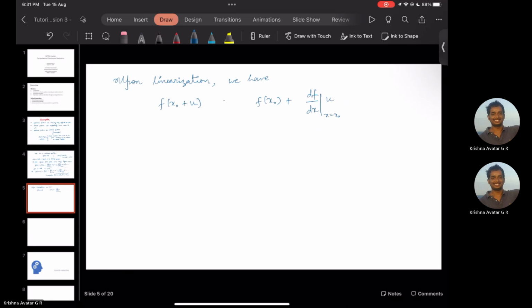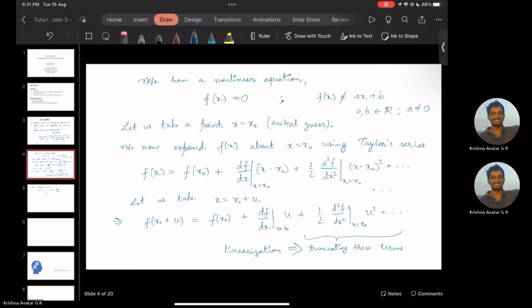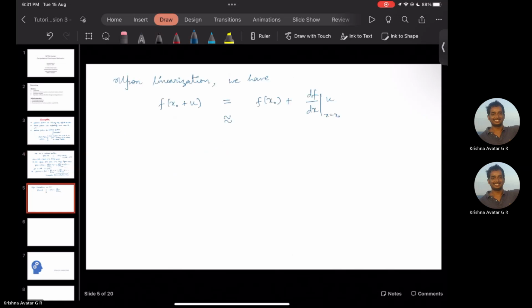Now you tell me what sign should I have? Is it equal to or approximately equal to? So these are the two options there. Once we have truncated all the higher terms, the right hand side is no longer equal to the left hand side, isn't it? So that means we cannot use the equality symbol.